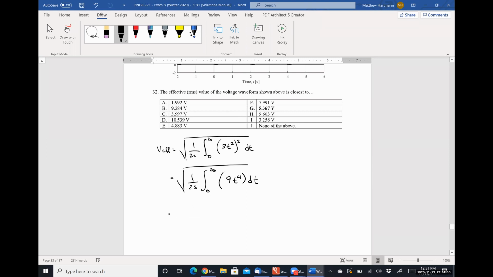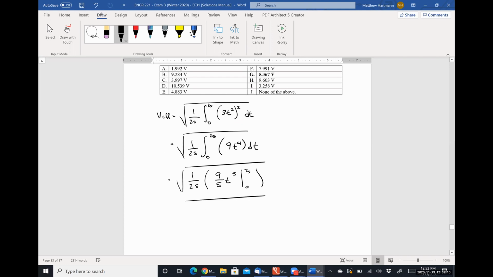When we integrate that, it's going to give us 9/5 t to the 5th power, evaluated at t equal to 2 seconds and 0, all under the square root of 1 over 2 seconds. That's looking too close to 25 for my comfort. 9/5 times t to the 5th. So 2, 4, 6, 8, 16.